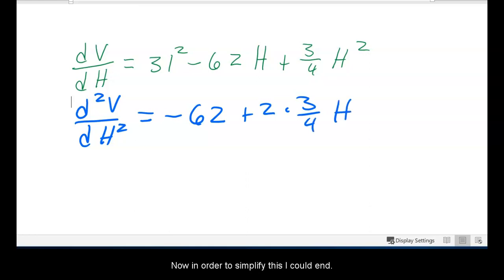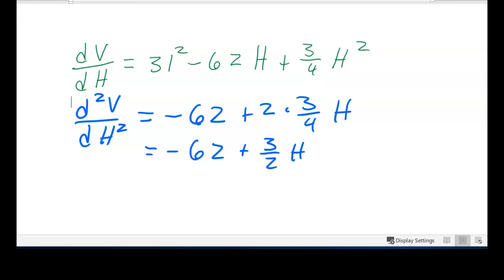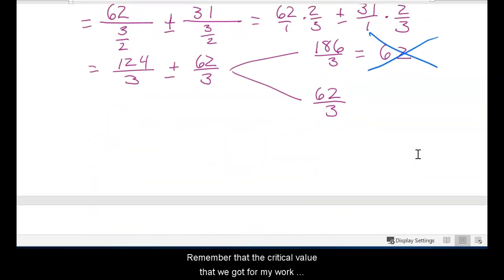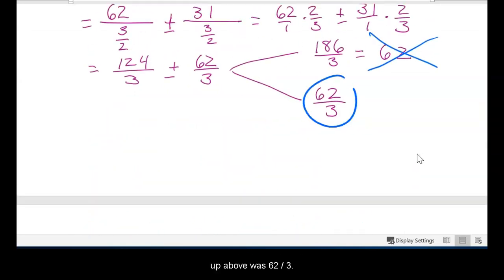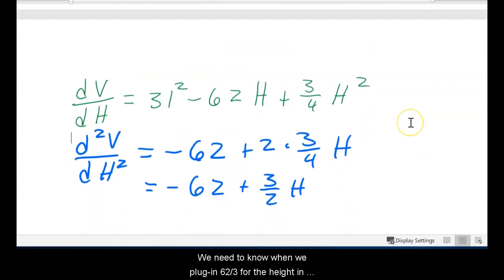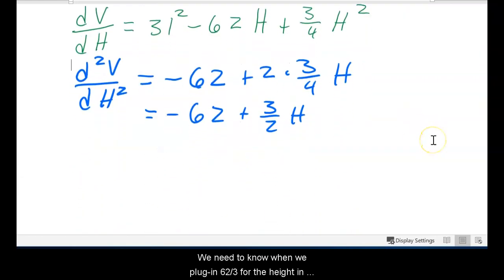Now, in order to simplify this, I could end up with negative 62 plus 3/2 h. Remember that the critical value that we got from our work up above was 62 divided by 3. We need to know when we plug in 62 divided by 3 for the height in the second derivative, do we get a positive or a negative?